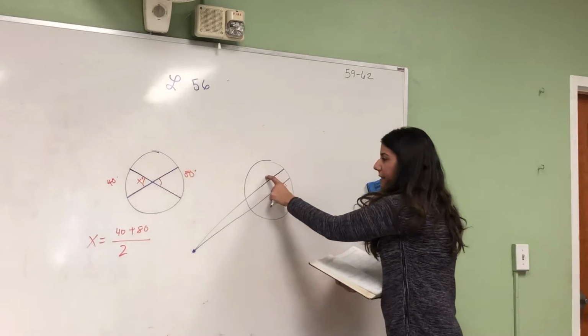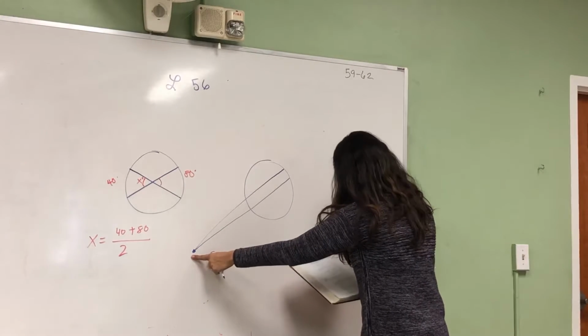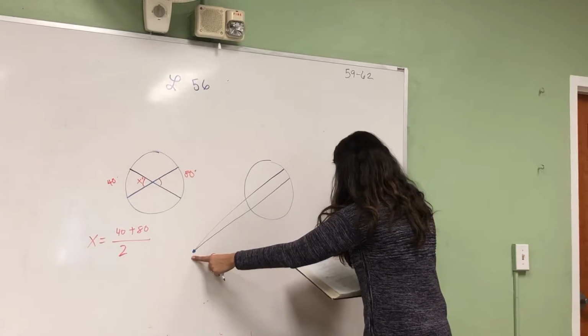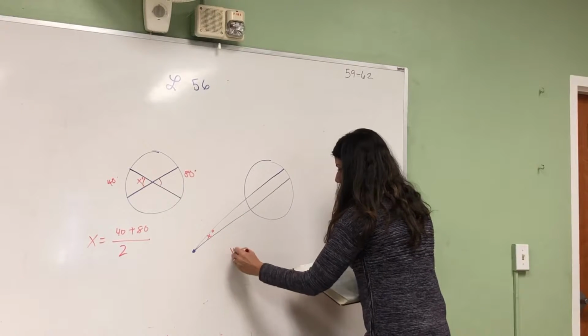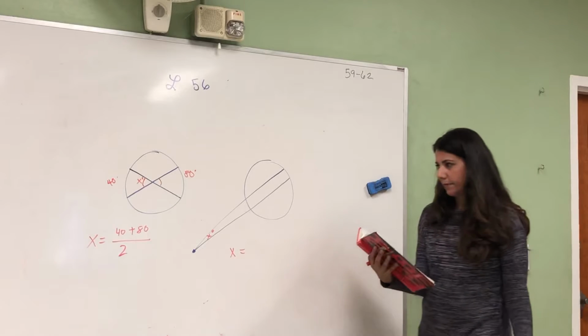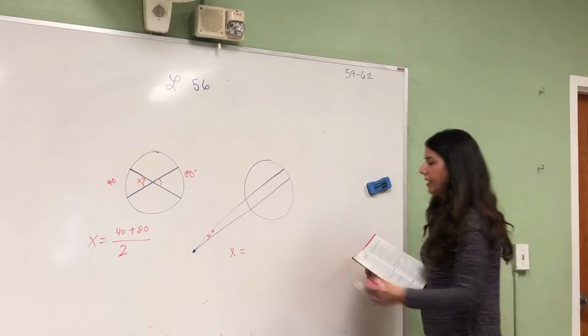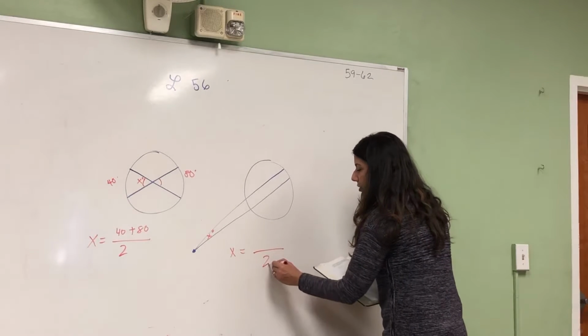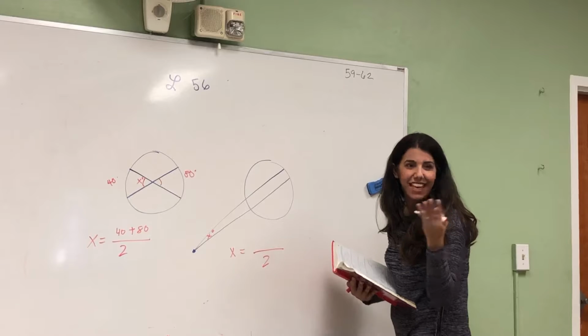If the two lines intersect outside the circle, then the measure of the angle equals what? 1/2 the difference of the measures of the intercepted arcs. It's still divided by 2, but what's different? Subtract. Yeah, difference.